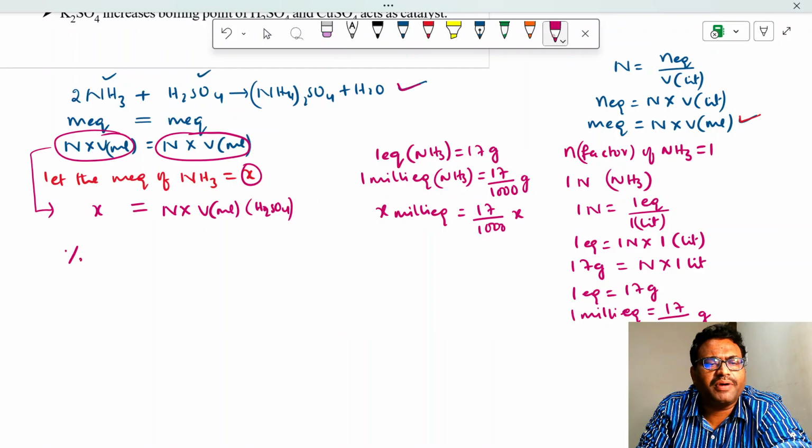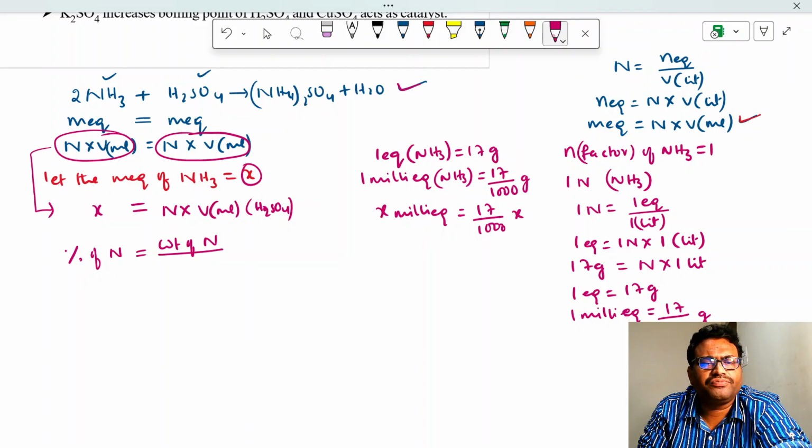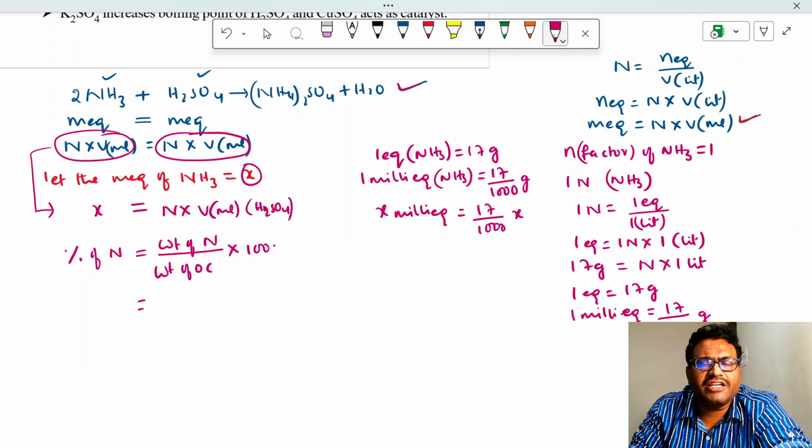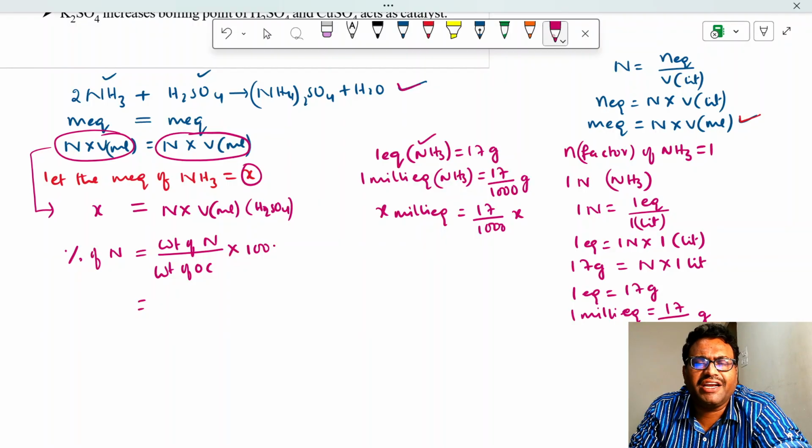Now percentage of nitrogen. What will you calculate? Percentage of nitrogen is equal to weight of nitrogen by weight of organic compound into 100. So here actually 17 we are all calculating for NH3.